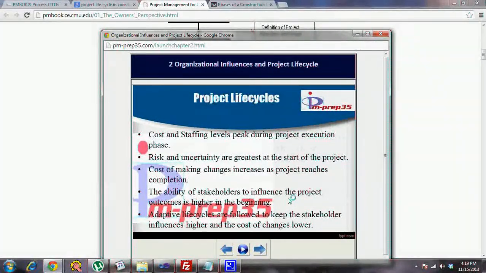This is the reason the stakeholders can include their changes or requirements as part of the next increment or iteration. Which one is this? This is increment, because iteration is phases, increment is addition of new features. So adaptive life cycles are followed to keep the stakeholder influence higher and cost of changes lower.